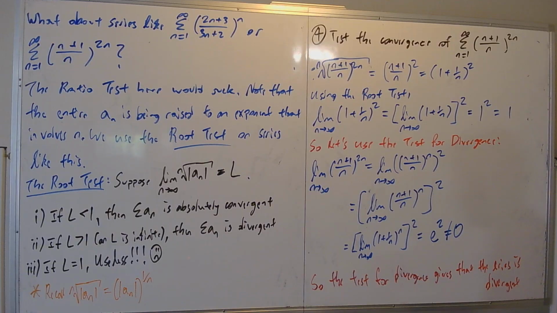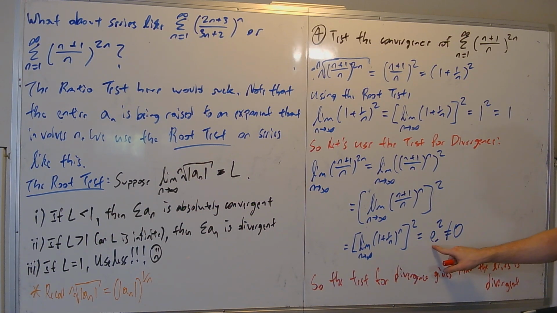And I'll just say a brief word on why the test for divergence works. Let's say that this limit is non-zero, then eventually what this is saying is each term is going to look like e squared. So you're just going to keep adding something that looks like e squared to itself, and if you're doing that infinitely many times, well, since that's a non-zero number, you're going to end up getting something that goes towards infinity, right?